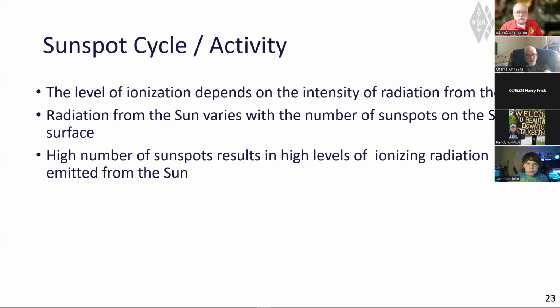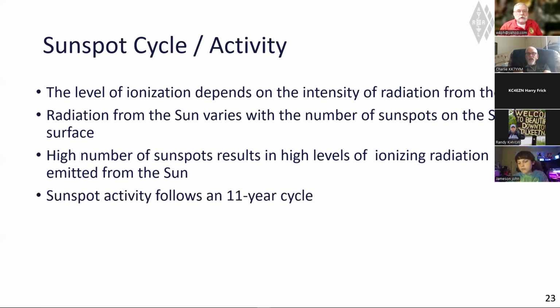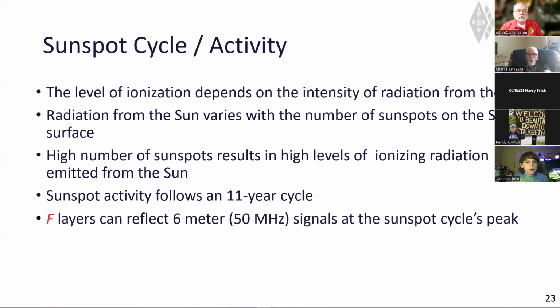Higher numbers of sunspots results in higher level of ionizing radiation emitted from the sun. Sunspot activity follows an 11-year cycle. F layers can reflect 6 meter, 50 megahertz signals at the sunspot cycle's peak. That's why they call 6 meters a magic band.